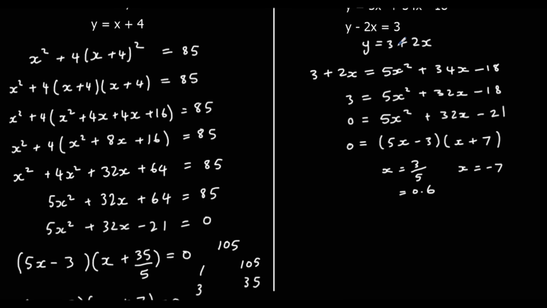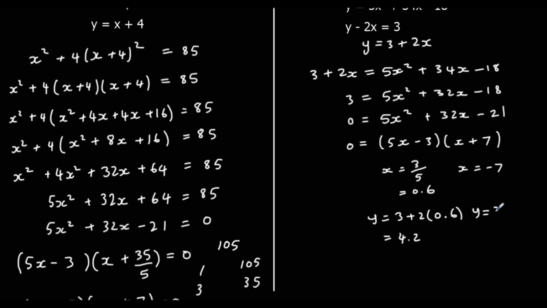And y is 3 plus 2x. So y is equal to 3 plus 2 0.6s. 2 0.6s make 1.2. 3 plus 1.2 is 4.2.